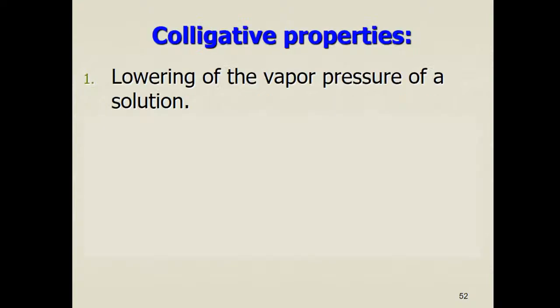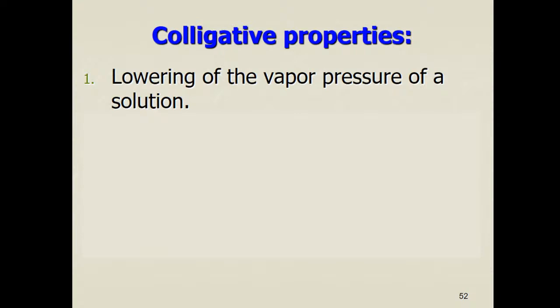There are four colligative properties we're interested in. The first one is a lowering of the vapor pressure of the solution. That means the vapor of solvent above the solution is always lower than the vapor of solvent above the pure solvent. All solvents form vapors.